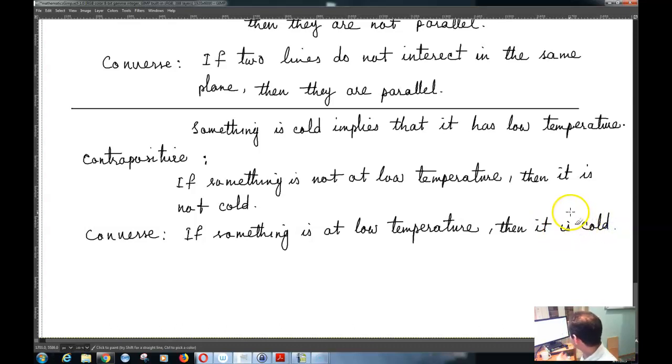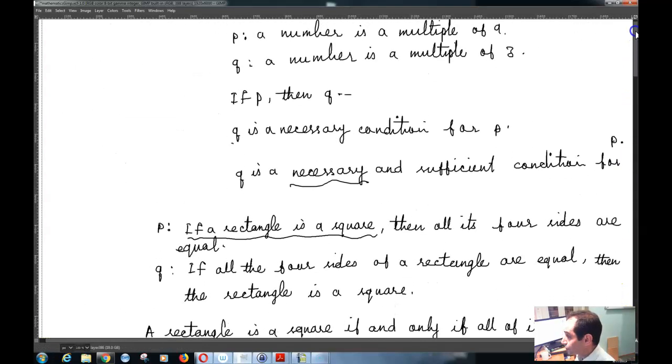I suppose that's how you write it. If something is at low temperature, then it is cold. So that is that.